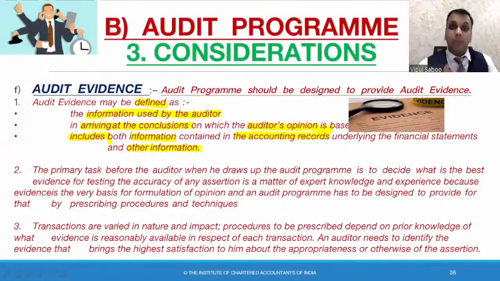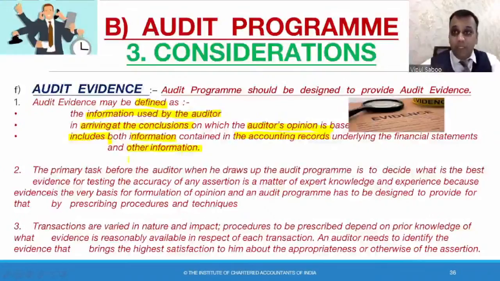So in this example, our audit evidence was obtained from the accounting records. When we checked the books, the purchase file, we found this invoice and it was there. It was information which was there in the accounting records. And other information, other miscellaneous information. So this is the audit evidence.